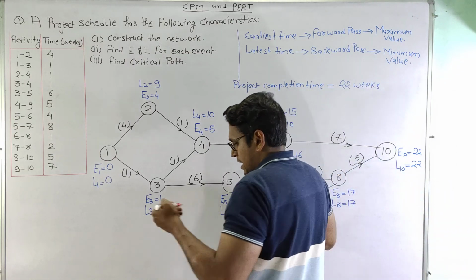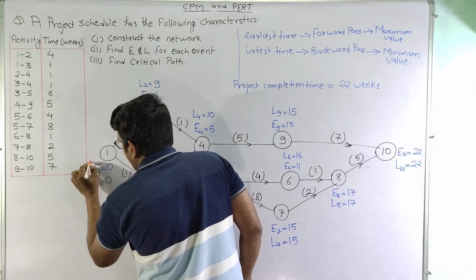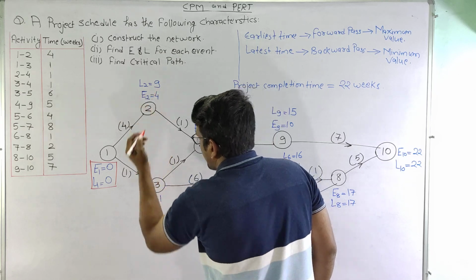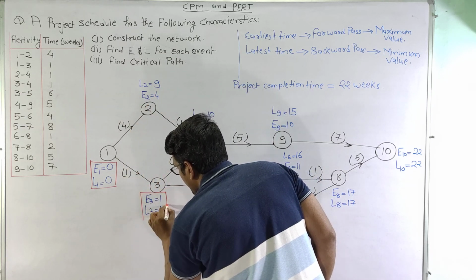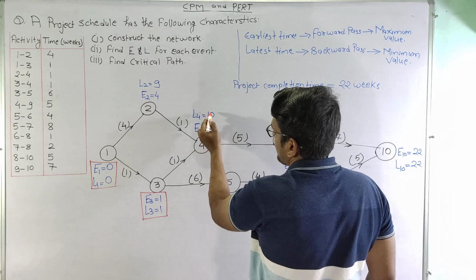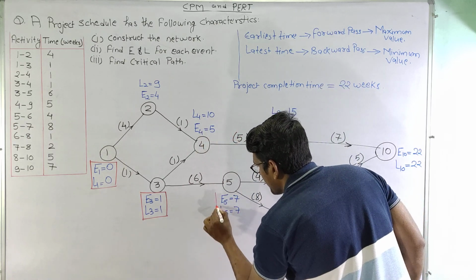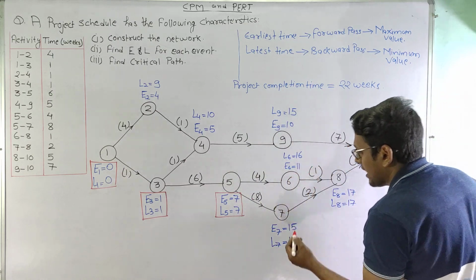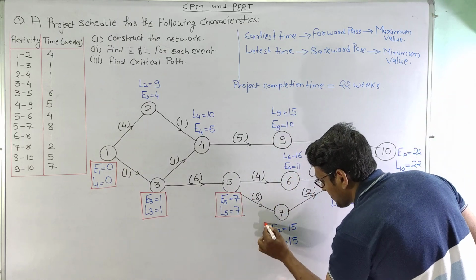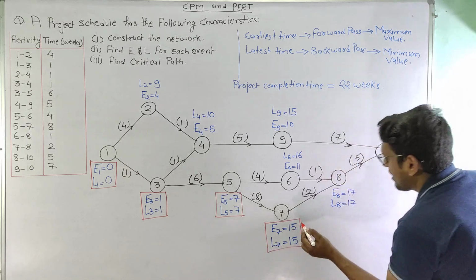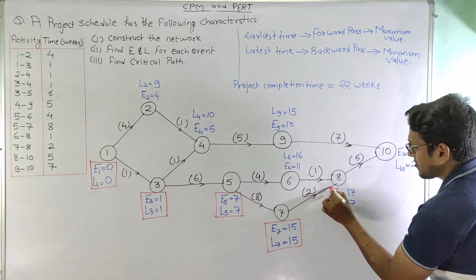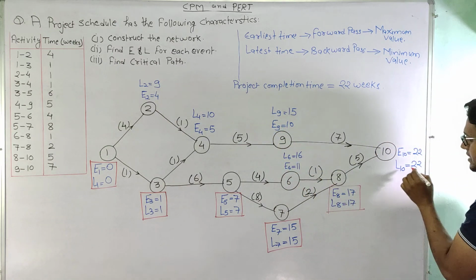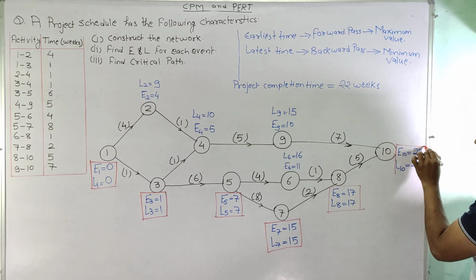So we can see that at node 1 it is same, at node 2 it is different, at node 3 it is same, at node 4 it is different, at node 5 it is same, at node 6 it is different, at node 7 it is same, at node 8 it is same, at node 9 it is different, and at node 10 it is same.